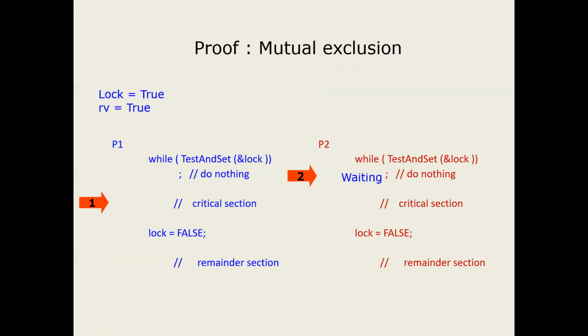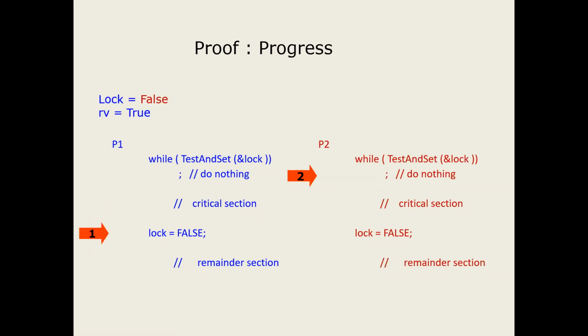And then we have to think about the three conditions, that is mutual exclusion. We can show the mutual exclusion like this: when P1 enters the critical region, P2 is waiting. So P2 cannot enter the critical region. Immediately after P1 completes, the lock will be set to false.